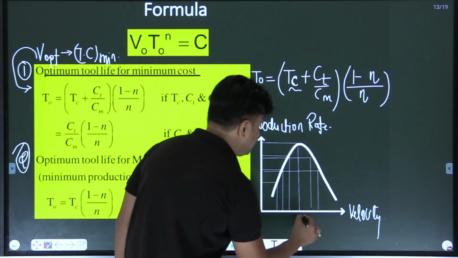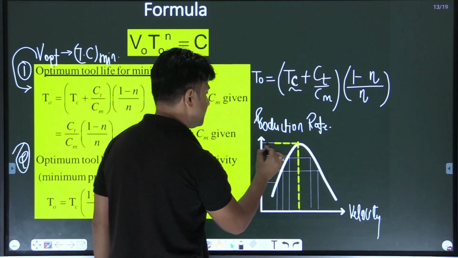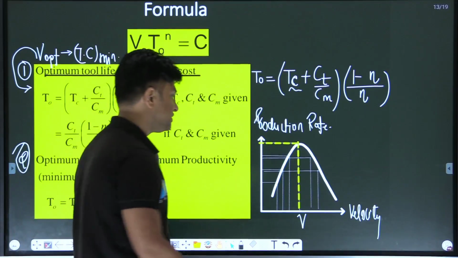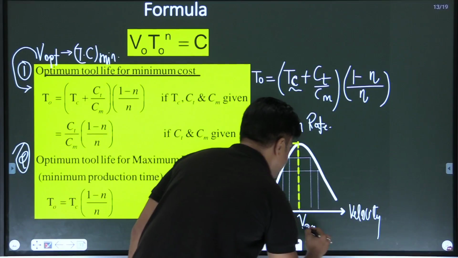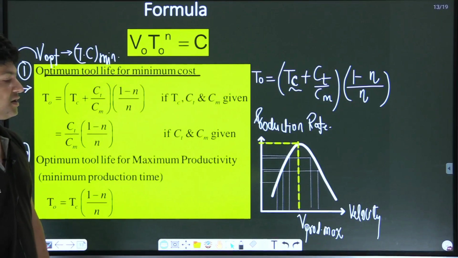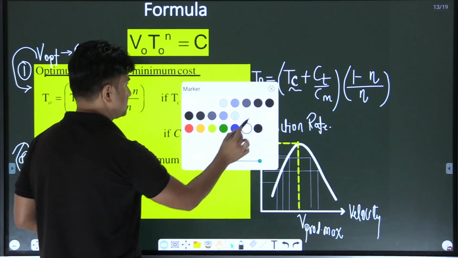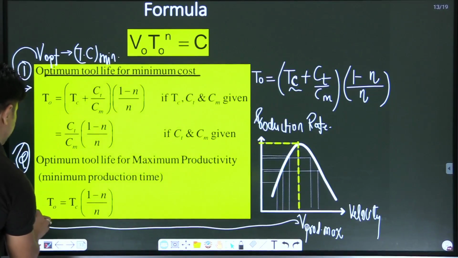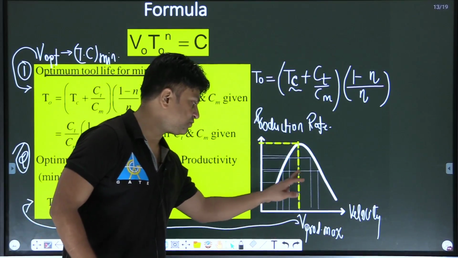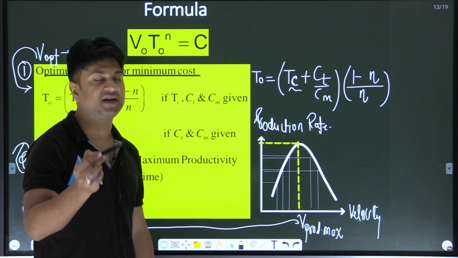Alright. So I want to know that velocity where the production rate is maximum. So V production max is the velocity at which the production rate is maximum. It is obvious that corresponding to that velocity there will be a tool life, and that tool life is Tc into (1 minus n) by n.